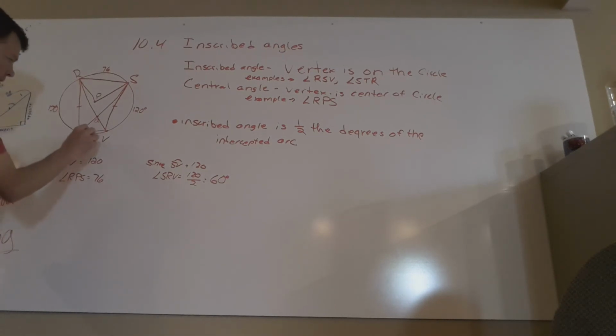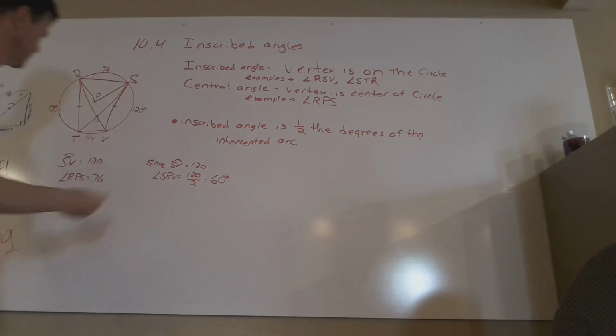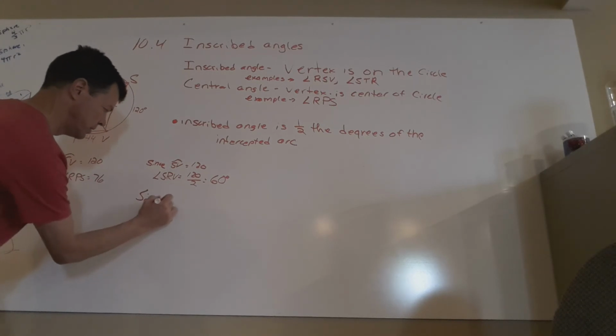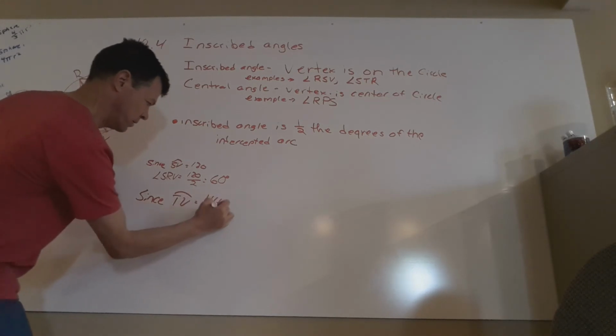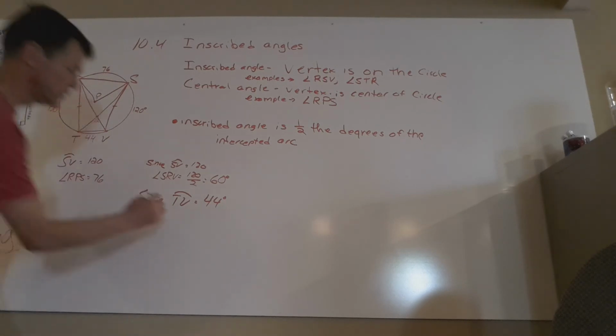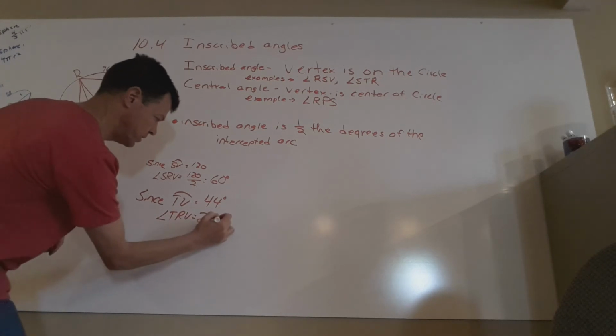All right. We know all of those, so we can easily calculate some angles on this, like angle TRV. If this arc TV is 44, then the inscribed angle TRV is half of 44, which is 22 degrees.